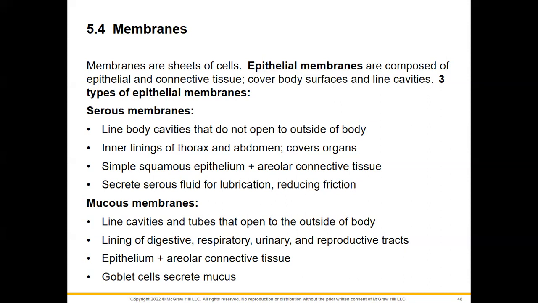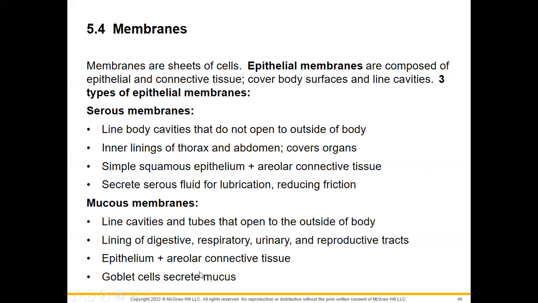And so that's going to protect those cavities that open up to the outside, that are potentially going to dry out, that have more exposure to bacteria and viruses and things that may want to disrupt and destroy our cells.